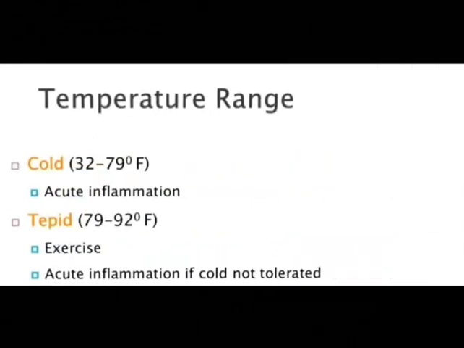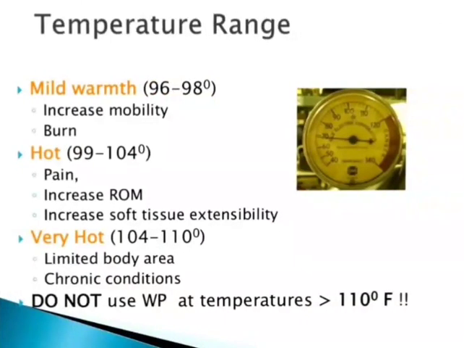Temperature range, again if it is being used for acute inflammation, the cold treatment is given. It will be 32 to 79 degrees Fahrenheit, and if it is for a hot treatment, then it will be 79 to 92 degrees Fahrenheit, and that can be used for exercise and sometimes for acute inflammation also if cold is not tolerated.